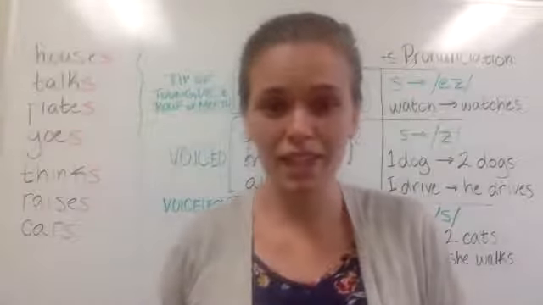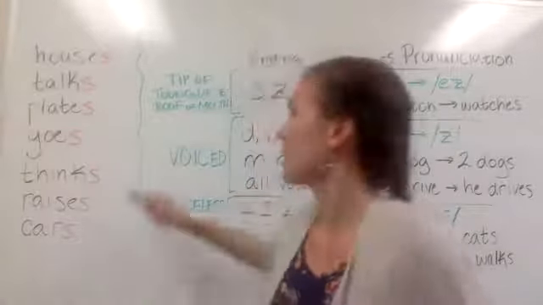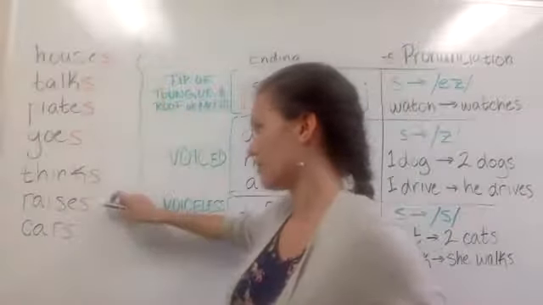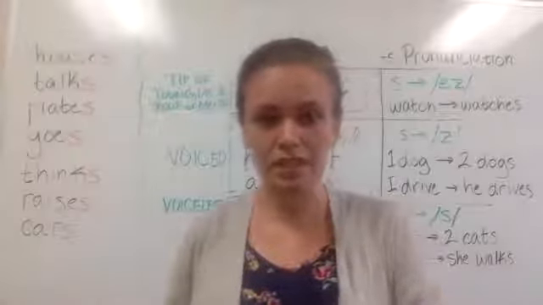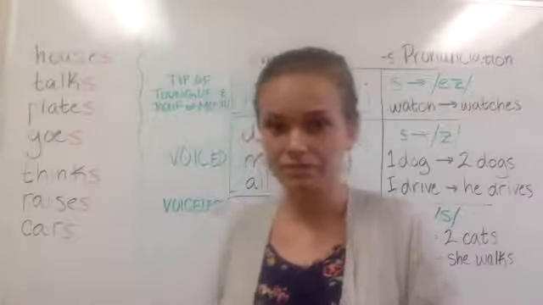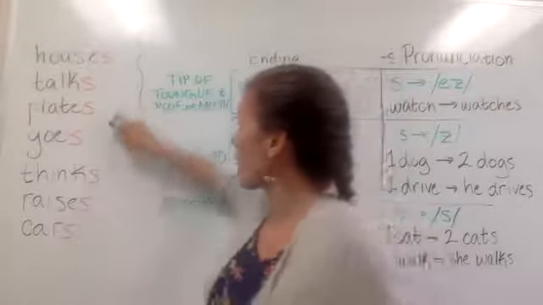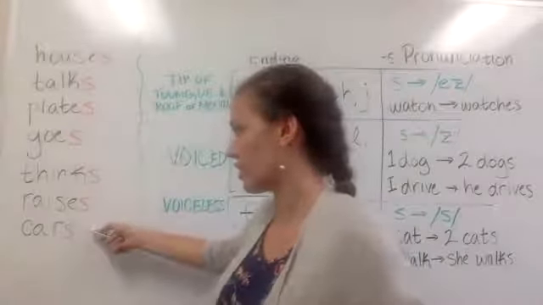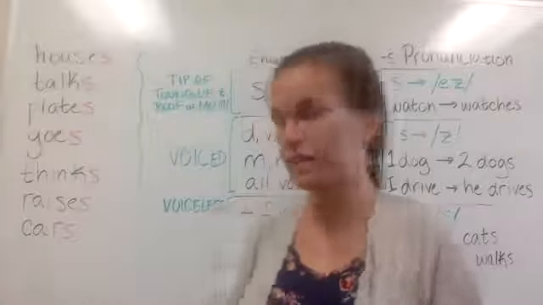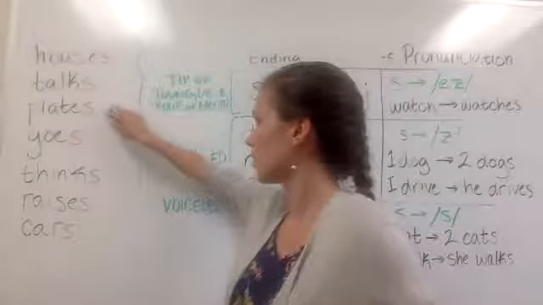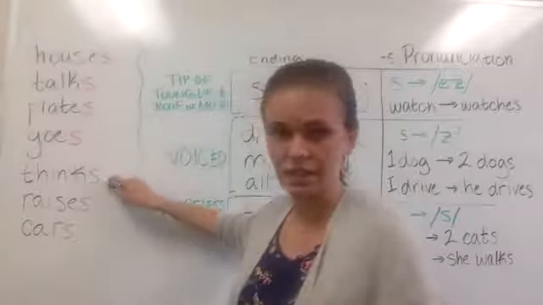Sometimes the S ending is pronounced as "uz," as in houses and raises. Sometimes the S ending is pronounced as Z, as in goes or cars. And then sometimes the S ending is actually pronounced as S, as in talks, plates, and thinks.